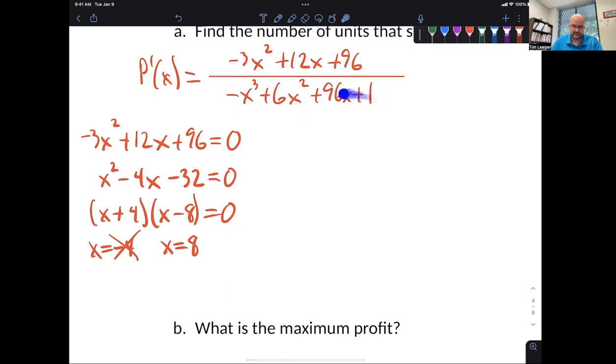Then we need to look at the denominator and set it equal to 0. So we have negative X cubed plus 6X squared plus 96X plus 1, set it equal to 0, and solve as well. Now, to solve that one, I'm just going to go to the calculator and use it.